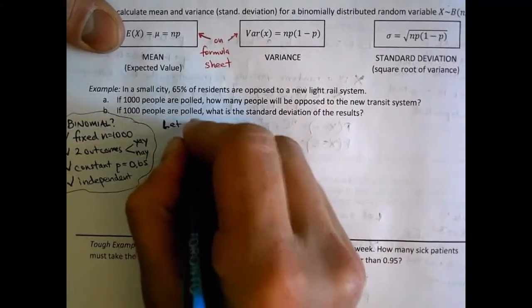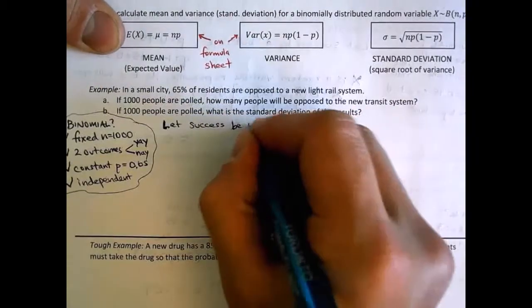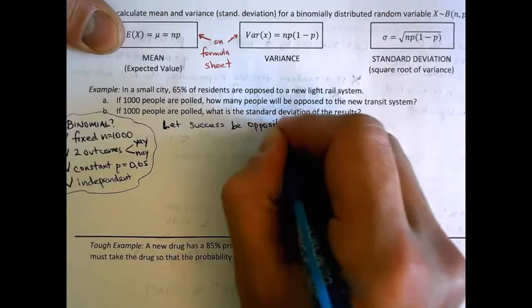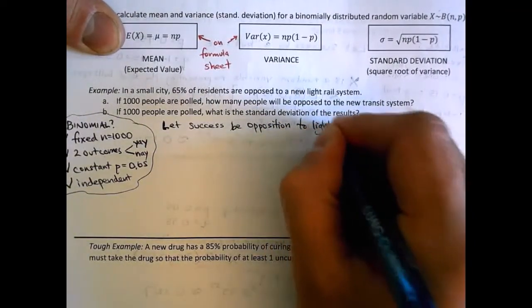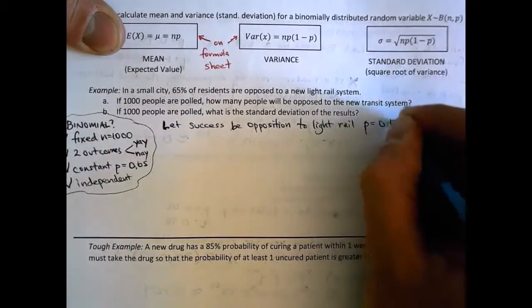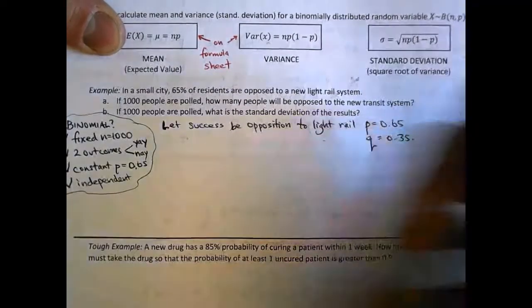Let's let success be opposition, the people who are opposed. Again, what kind of people are opposed to a new light rail system? So we have P is equal to 0.65 and Q is 1 minus that, so 0.35.